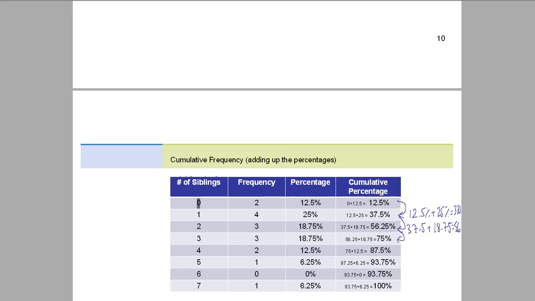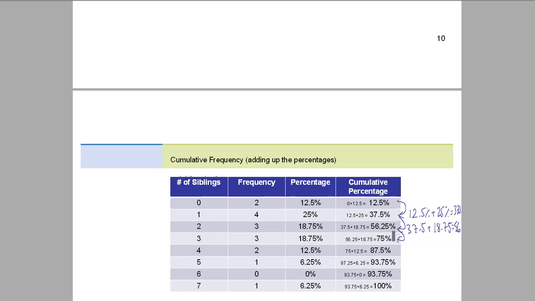But in the first 3 rows or classes, which is 0 siblings, 1 sibling, and 2 siblings, we can see that over 50% of our observations or students in the class fall within this category, actually 56.25%. So we can conclude that over 50% have fewer than 3 siblings.